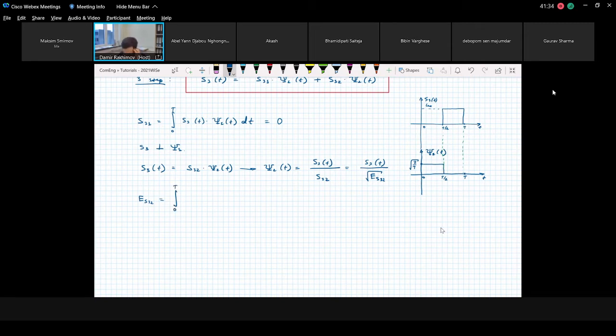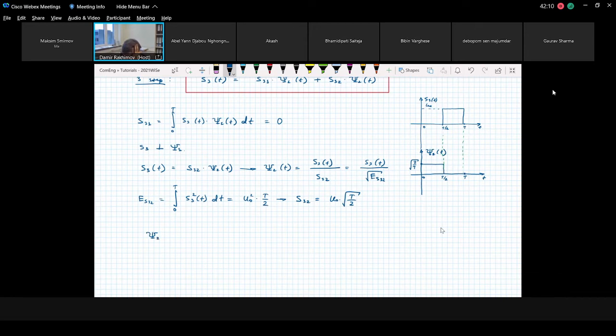So we calculate the integral from 0 to capital T of S3 of t squared times dt. And then we see that our third signal has amplitude u0. So we have u0 squared times capital T over 2. And from there we find that this scalar S32 equals square root of u0 squared times T over 2.